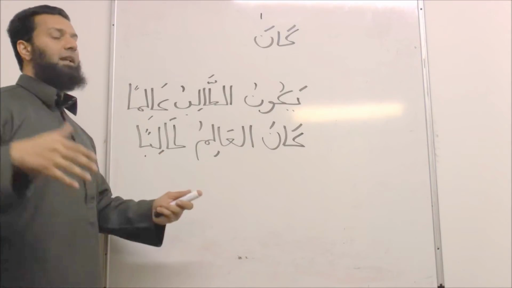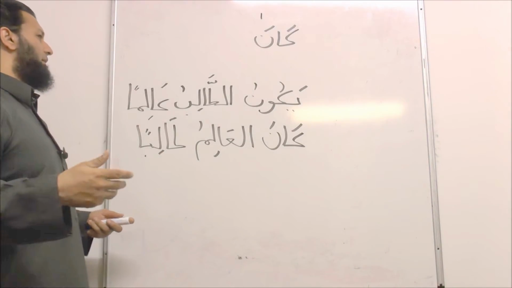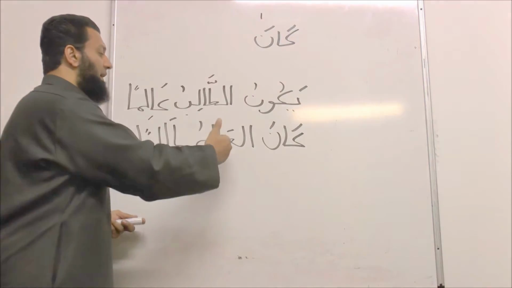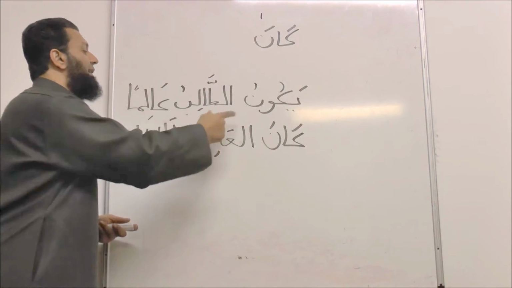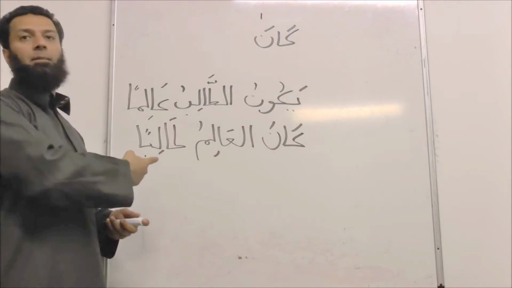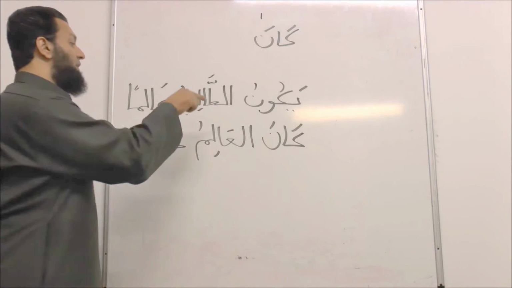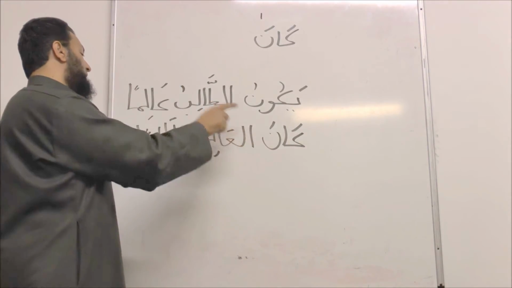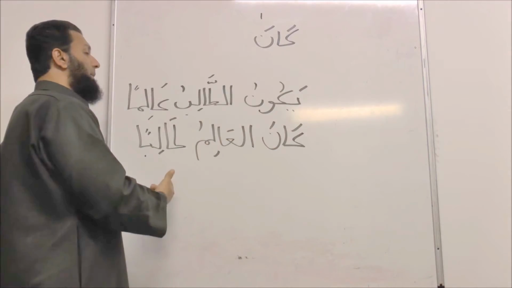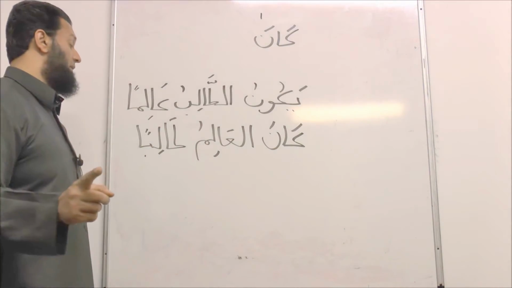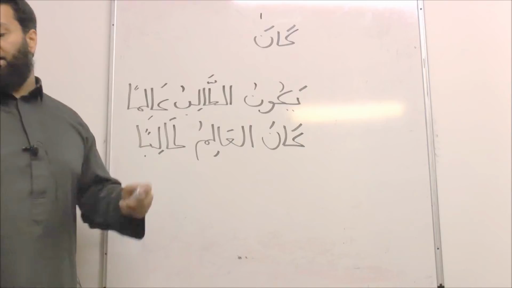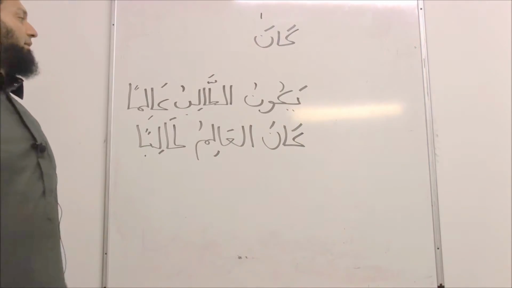And that makes sense. The meaning is fundamentally correct, because at one point that alim must have been a talib, right? So we used Kaana there to indicate al-alimu kana taliban. So that is Kaana, the past.